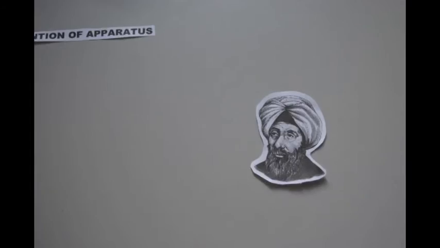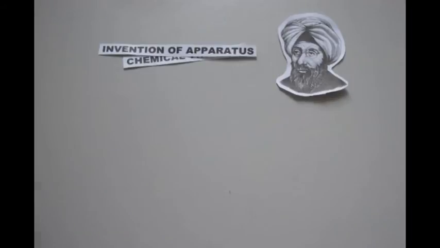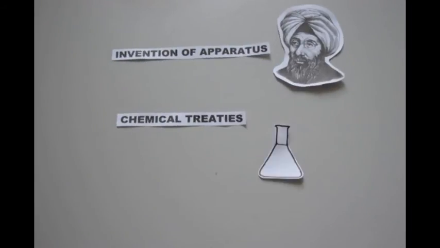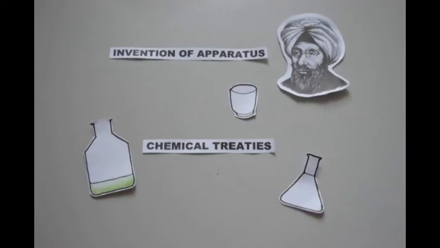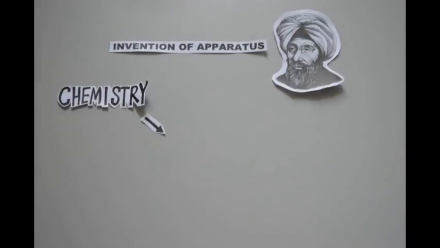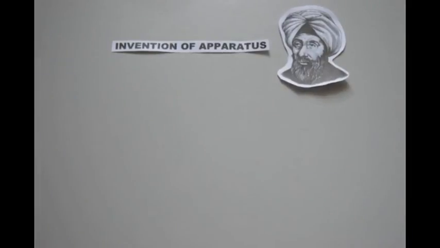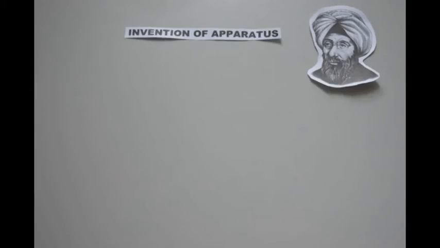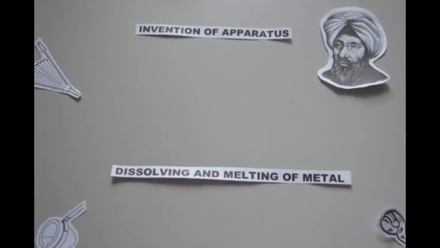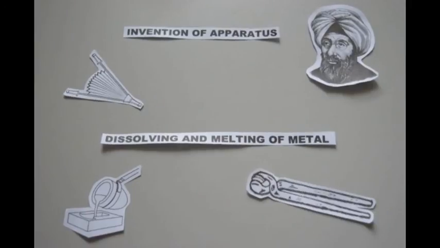In the invention of apparatus, Al-Razi wrote many chemical treatises and described a number of chemical instruments. He applied his chemical knowledge for medical purposes, thus laying the foundation of electrochemistry. Al-Razi gives a list of apparatus used in alchemy. This consists of three classes. Firstly, instruments used for the dissolving and melting of metals.